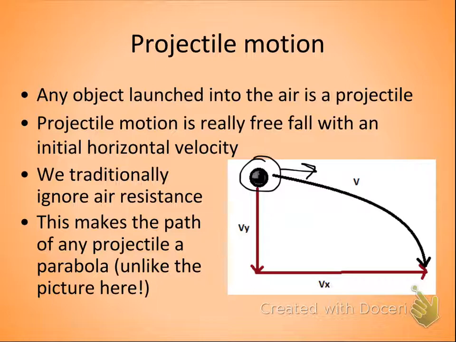We ignore air resistance to make things easier on ourselves, and that makes the path of any projectile a parabola. If you're going on in physics or into engineering, you will not get to ignore air resistance forever, but at the level of high school physics and even early college physics, for classic Newtonian motion, we tend to ignore air resistance.